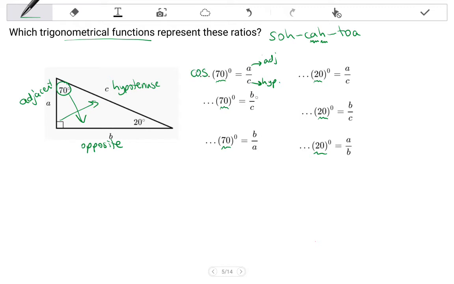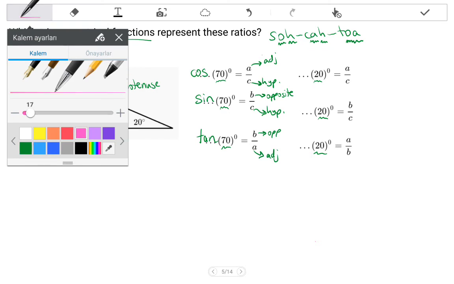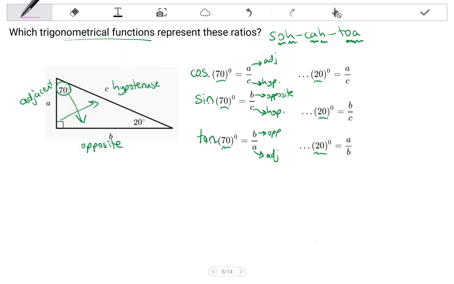In the second one, B is opposite side and C is the hypotenuse. Opposite and hypotenuse together is used in the sine. So this is sine. And B opposite, A represents adjacent side, and opposite and adjacent together is used in tangent. So this is tan.